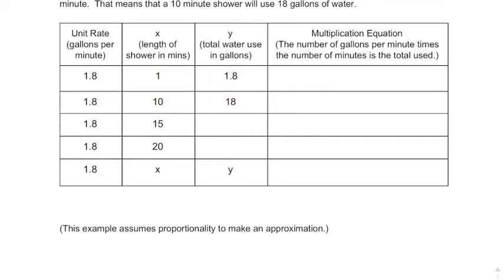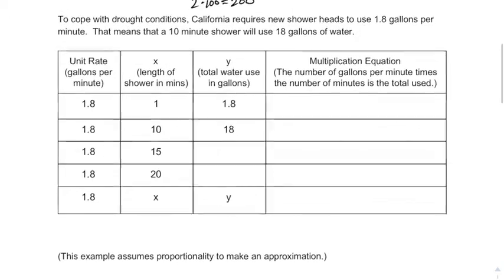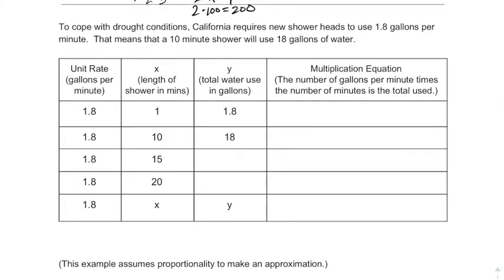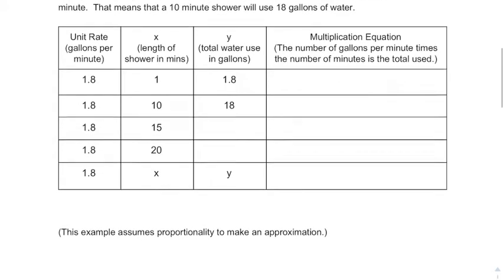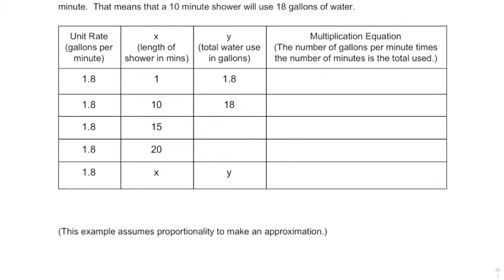Okay, so just like in our last one, we have a unit rate, and we know that this is a proportional situation, so it is going to be multiplication only. If we've got a 1 minute shower, we're going to use the rate of gallons per 1 minute.